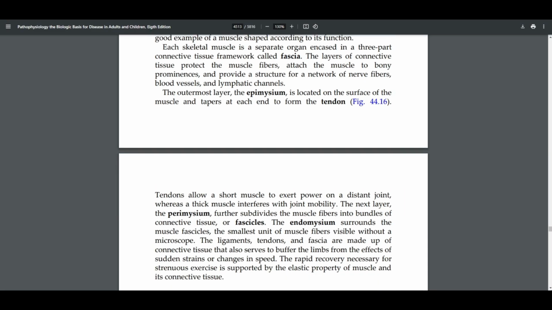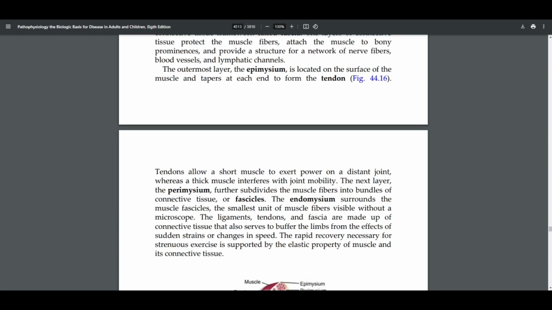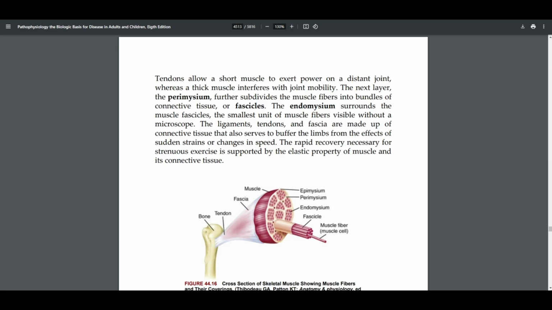Tendons allow a short muscle to exert power on a distant joint, whereas thick muscle interferes with joint mobility. The next layer, the perimysium, further subdivides the muscle fibers into bundles of connective tissue, or fascicles. The endomysium surrounds the muscle fibers within the fascicles, the smallest unit of muscle visible without a microscope.